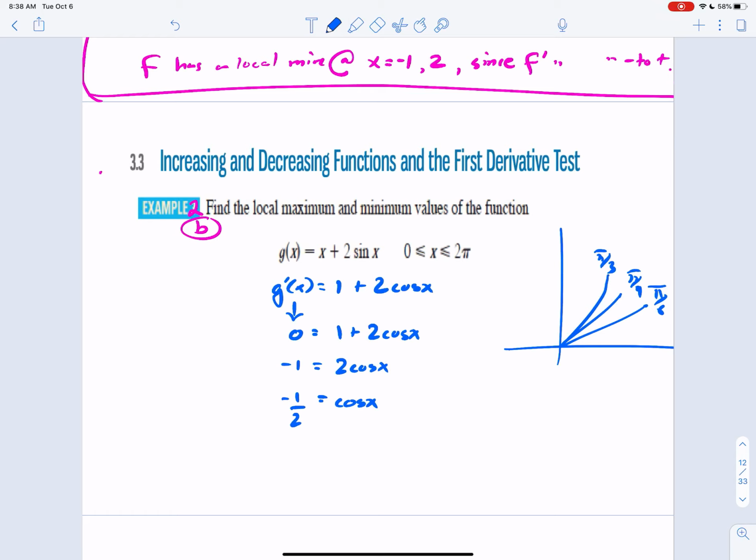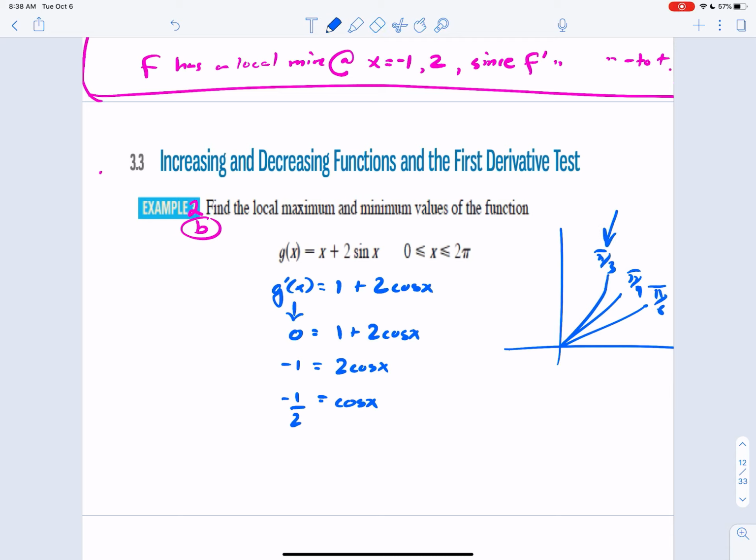Feel free to look back if you guys need to. You guys got to be well-versed in the trig ratios, okay? That was the one thing that I wanted from you guys before you jumped into calc. So if you don't know these now, practice it, okay? It's okay, just practice. So cosine comes out to 1/2 at pi over 3, some version of pi over 3.